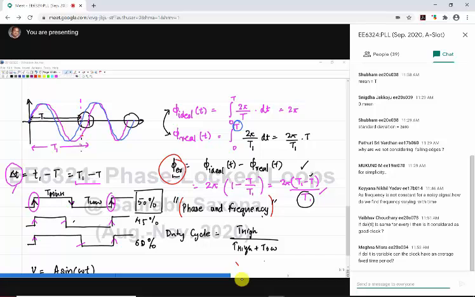Variable is like a bigger set. If delta t is variable but limited within certain bounds, then you can define an average fixed time period. But if delta t keeps on changing and can go anywhere between minus infinity and infinity in real time, you cannot define a fixed clock period.